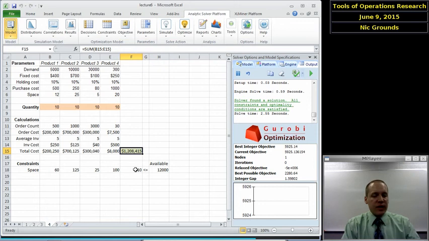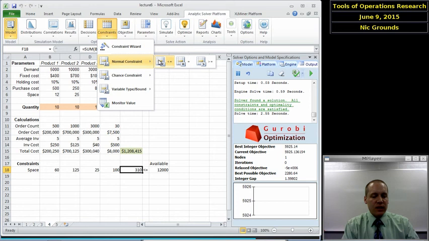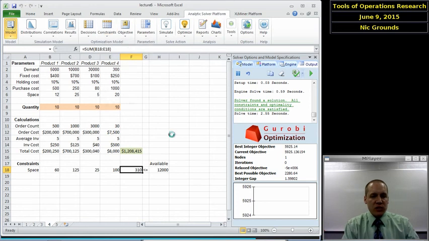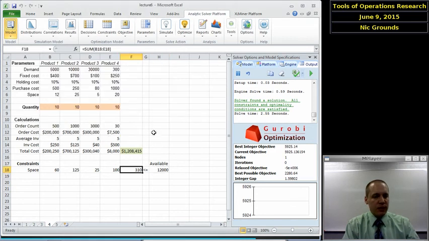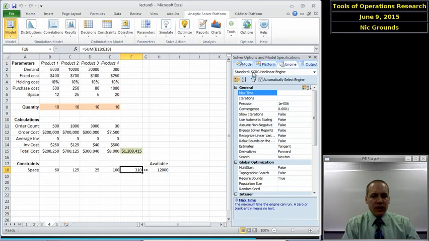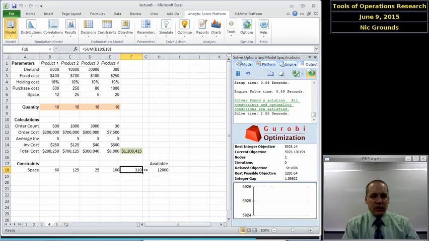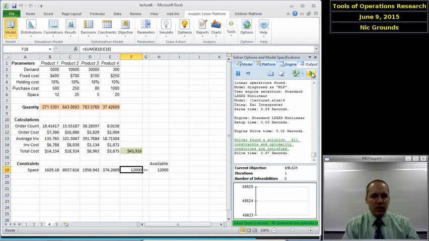And now for the first time we have an actual constraint. We want to constrain total space required to be less than or equal to the amount of space we know we have available. Again, we are using the nonlinear engine. We don't need to automatically select. We know this is nonlinear, and we can solve.